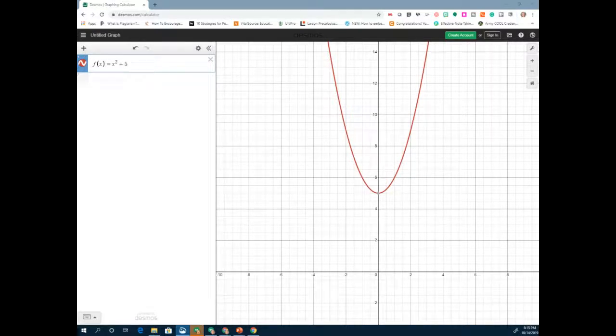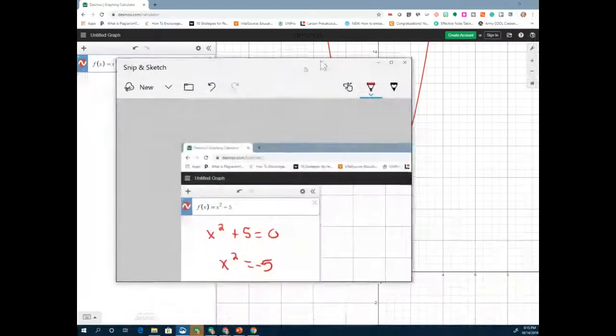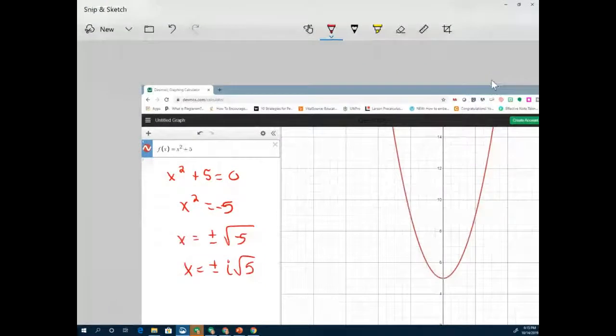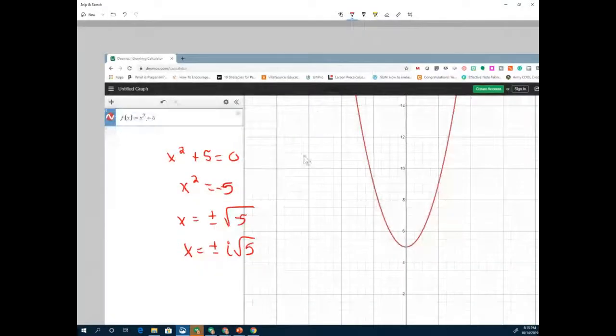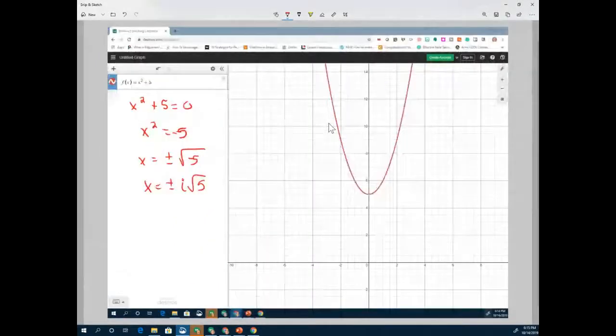Hold on for a moment while I solve this in a snippet. Okay. So there we go. Well, it's kind of all messy there, but there we go.